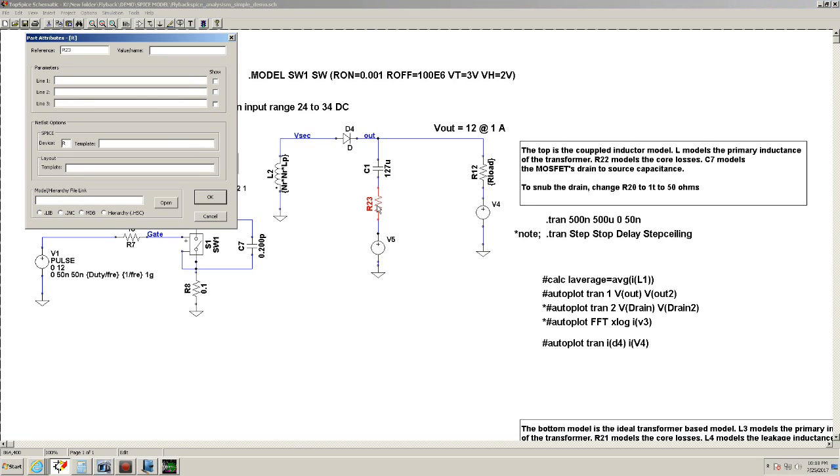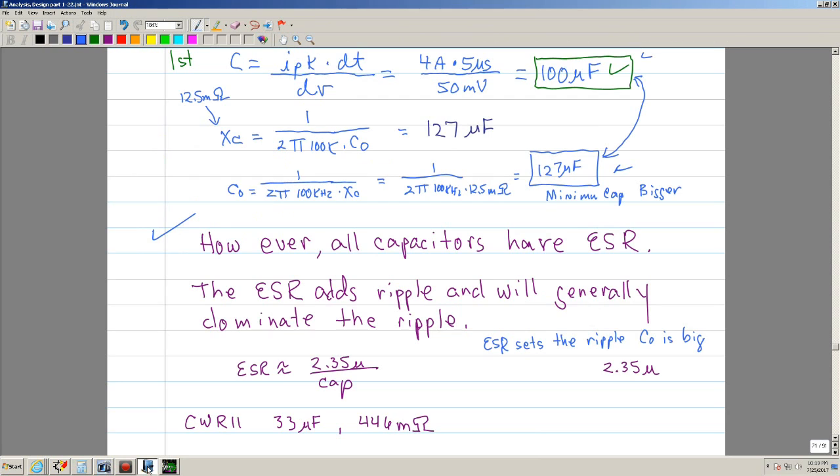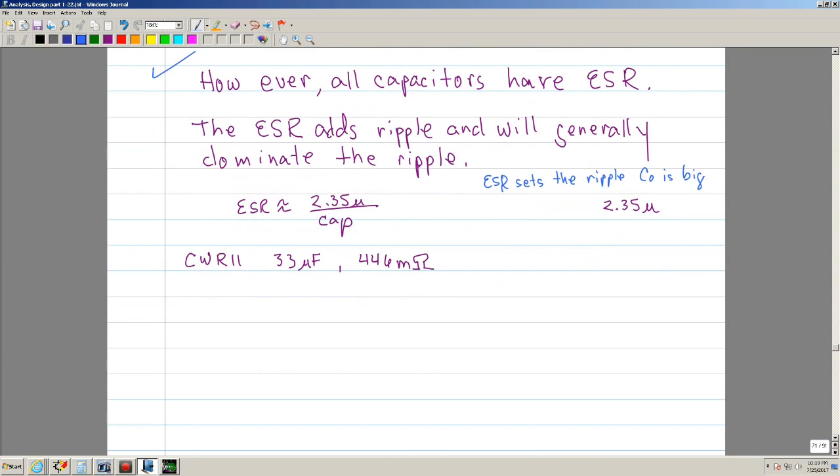Let's make this 25 milliohms. And before we do that, let's see if we can calculate how that affects us.